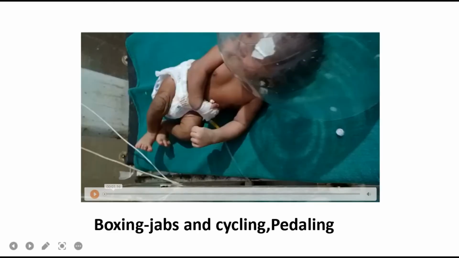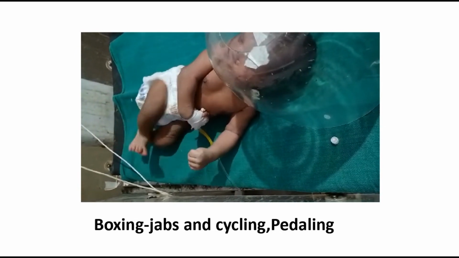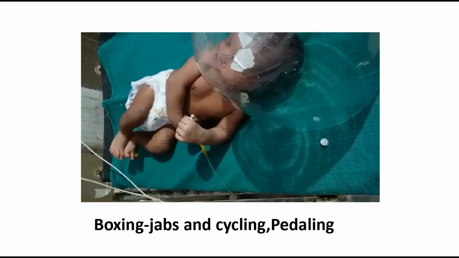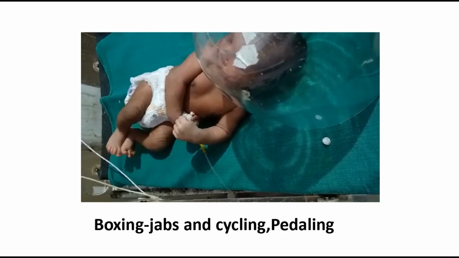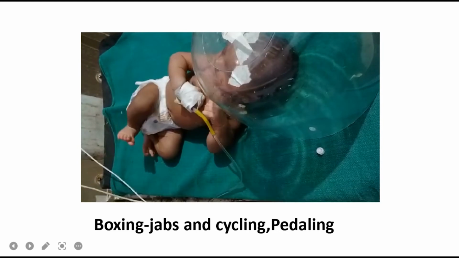Second one is boxing jabs, cycling and pedaling, limb movement. You saw here the newborn having a boxer-like posture in both upper limbs, and cycling and pedaling of both lower limbs.